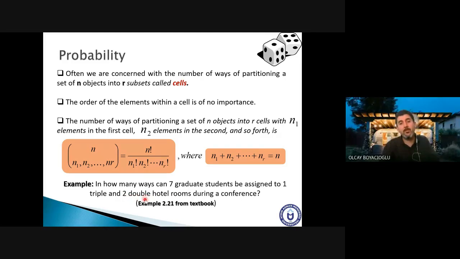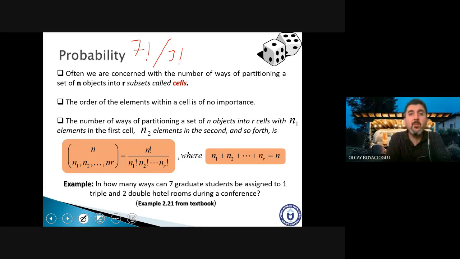Okay, the answer would be, let me just write it again here so that you would know, 7 factorial divided by 3 factorial times 2 factorial times 2 factorial. That would be the answer to find out how many different ways we can accommodate the 7 students, guys.